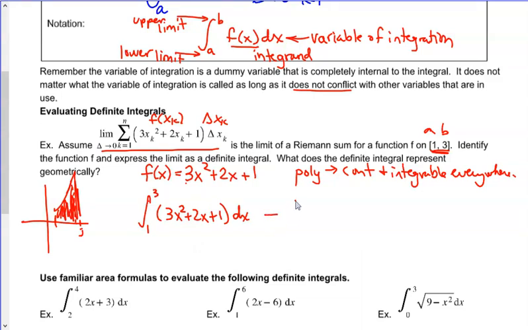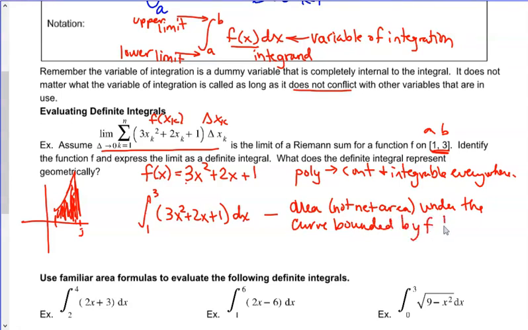So, what does a definite integral mean? It is the area, not net area, under the curve, bounded by f and the x-axis, okay?